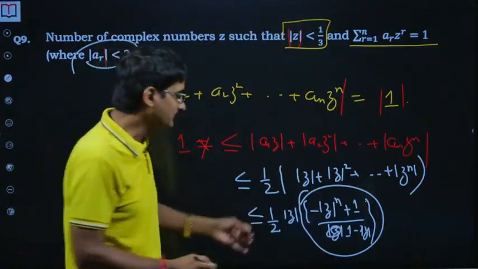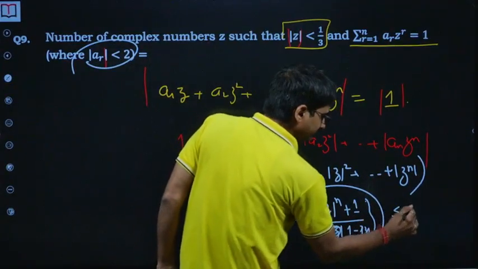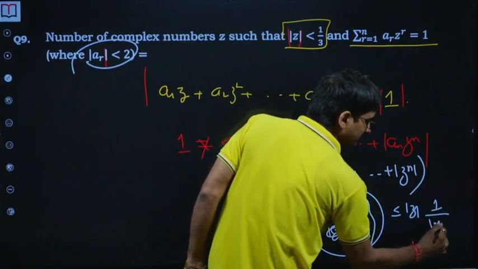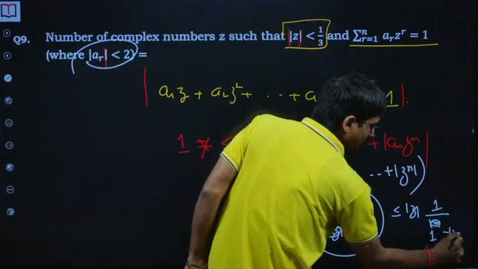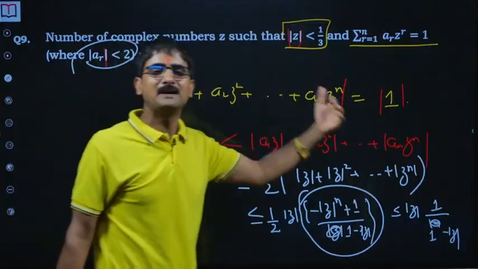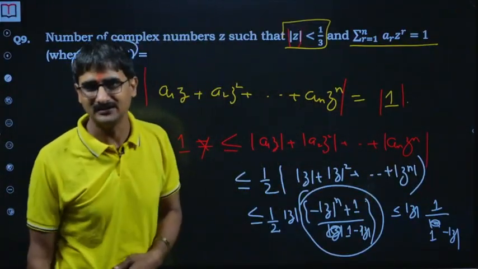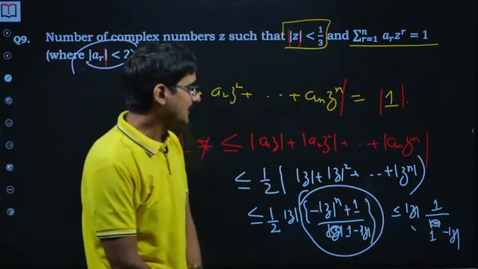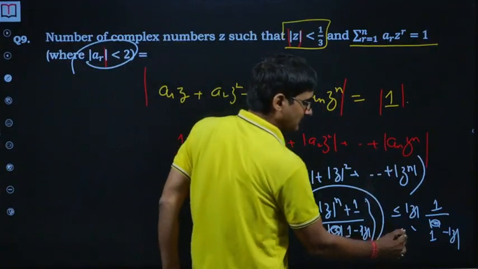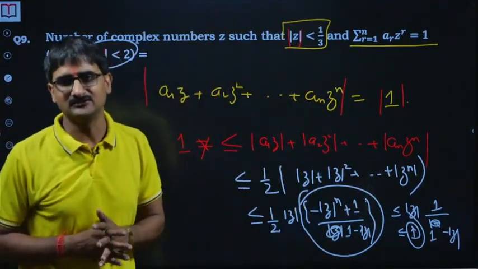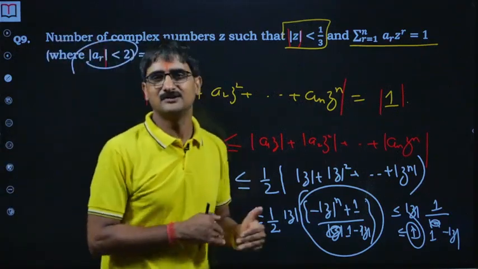If I take it to infinity, the value is mod z upon 1 minus mod z. Now again, if I take the maximum value of mod z in that case, it is 1 by 3, it is 2 by 3, and then it is less than or equal to 1. But in that case also, it can't be equal to 1. Why?